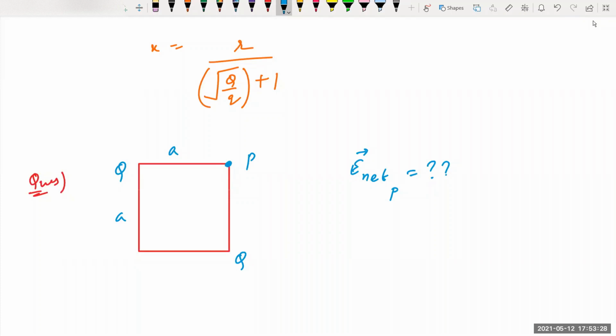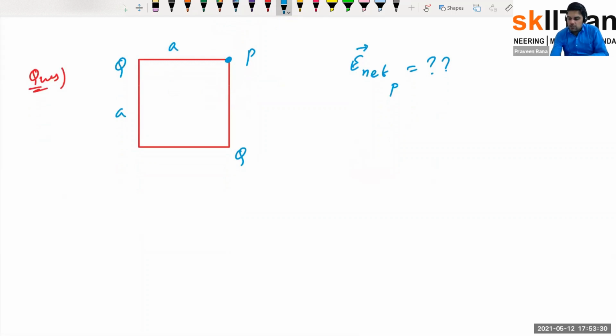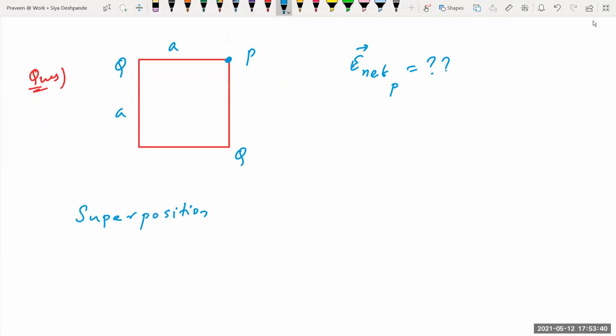Okay, no problem. So what does the word superposition refer to? When, like in the case of field lines, two of them overlap. Exactly, overlapping. So when there is more than a single charge, there will be a lot of electric fields.